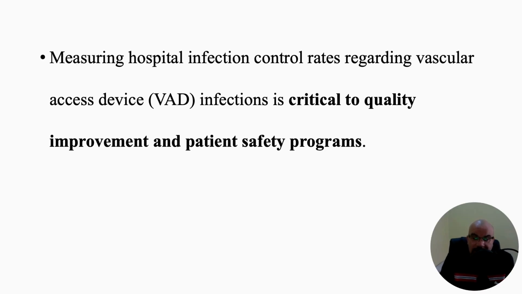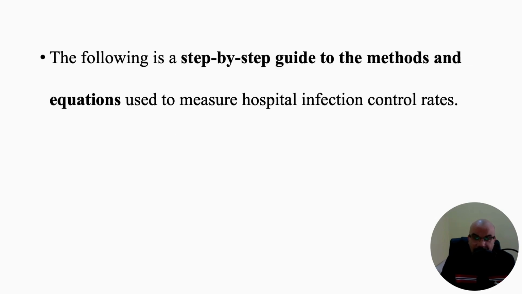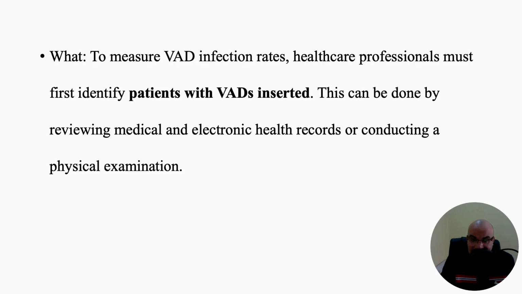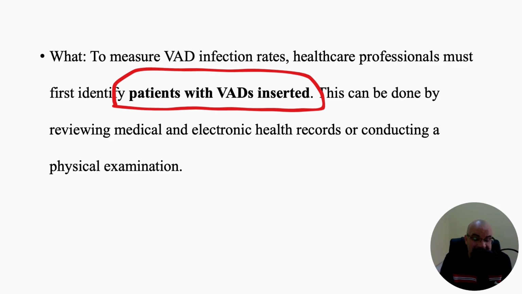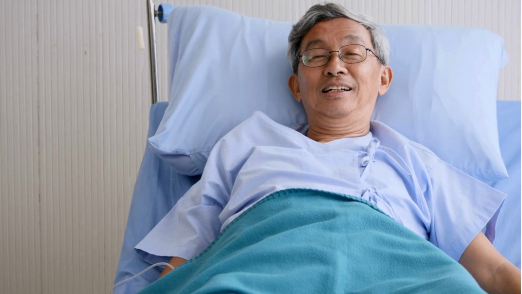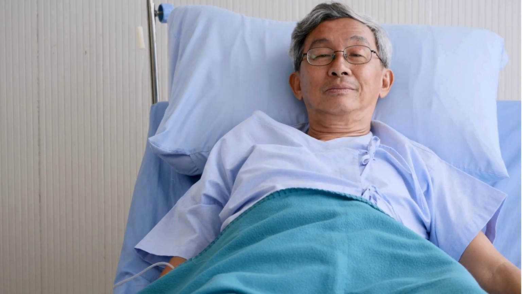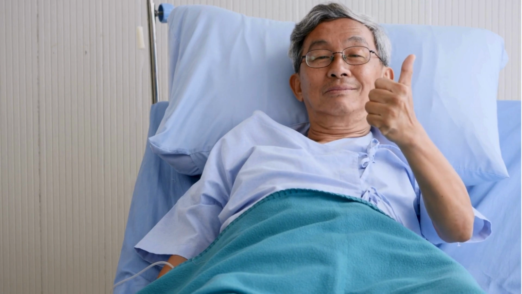So it is important for us to make a quality indicator for the VAD infection, and important in calculating the rate, we should know exactly what we call the patient days with VAD. So every day, either by observation, physical examination, or by electronic medical records, we should know how many patients today have vascular access devices, and how many patients tomorrow have an access device.